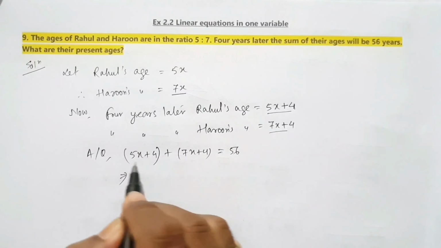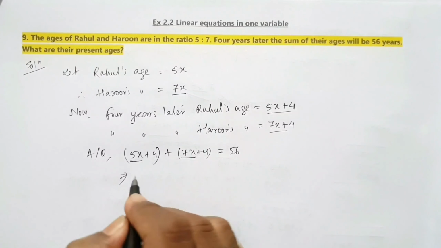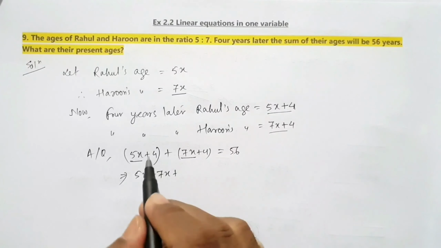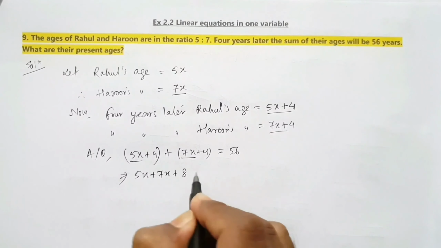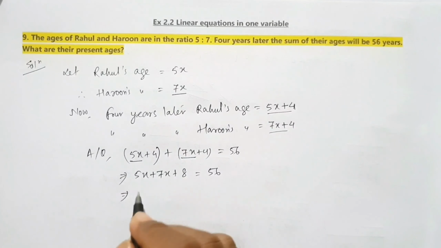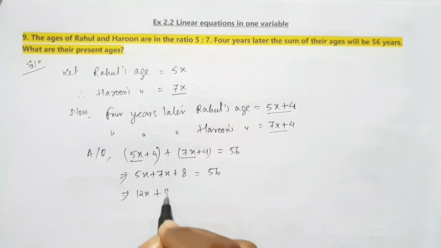So this is the linear equation. We can add first all the variables, that is 5x plus 7x. Here 4 plus 4 is 8, is equal to 56. So 5x plus 7x is 12x plus 8 is equal to 56.